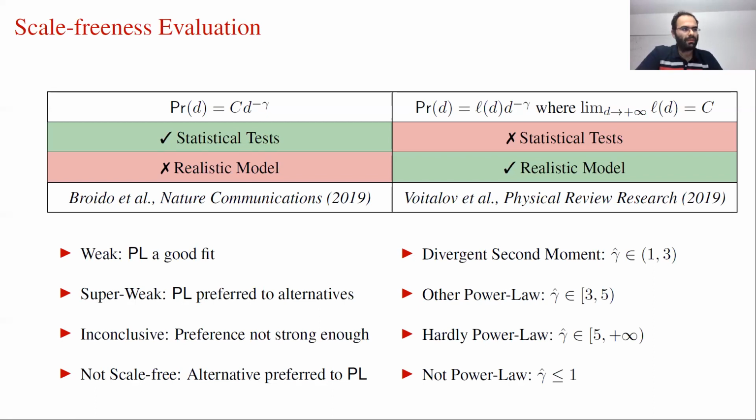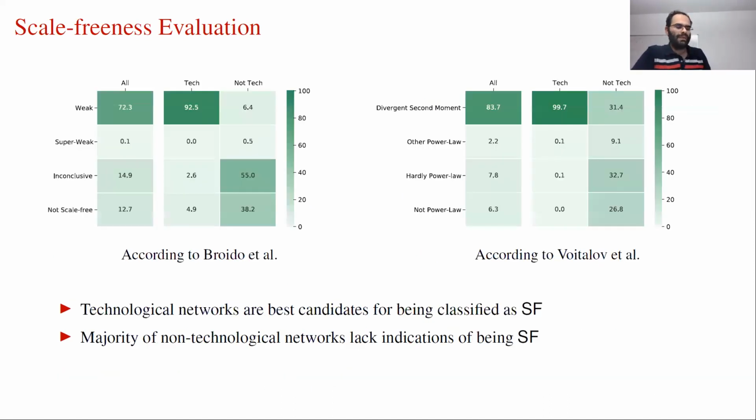Okay. Now let's look at the results if we evaluate the networks in our collection based on both of these methods that are very different from each other. This is what we would see.